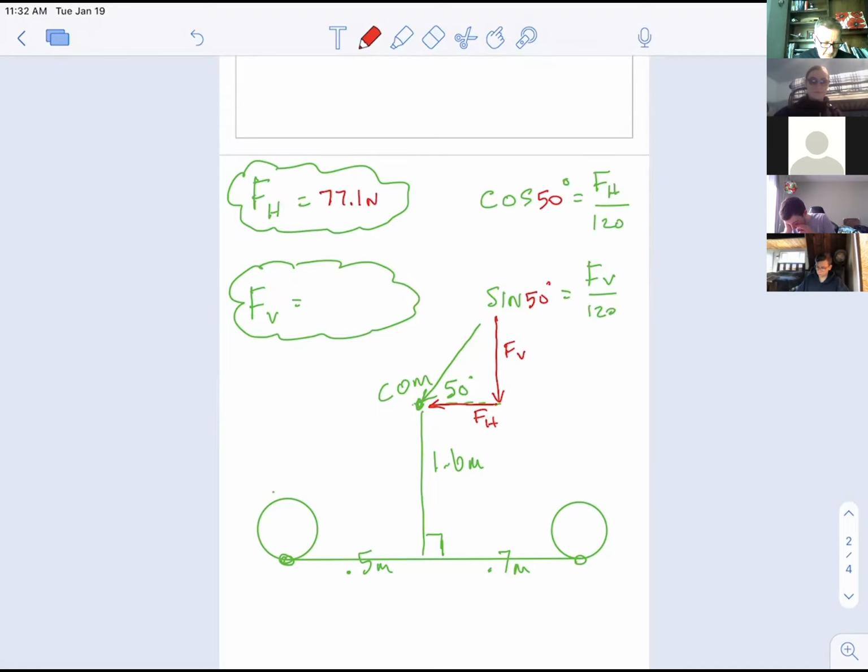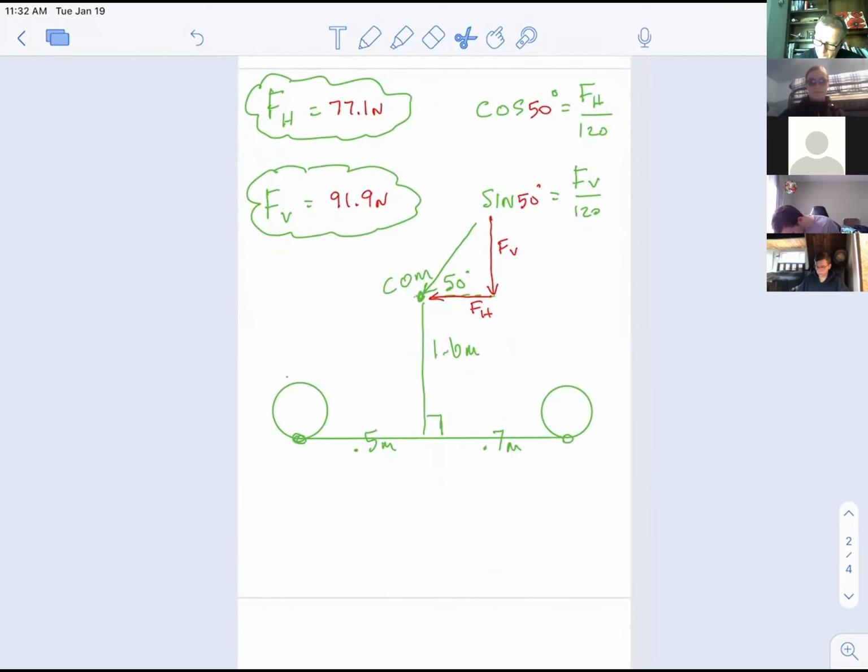And 120 times the sine of 50 is 91.9. So by breaking this into horizontal and vertical components, now it's really easy for me to tell what the perpendicular distances are.